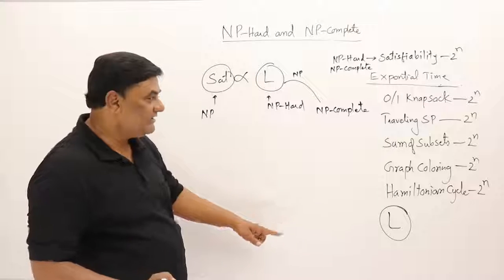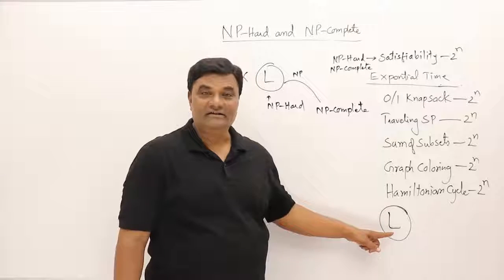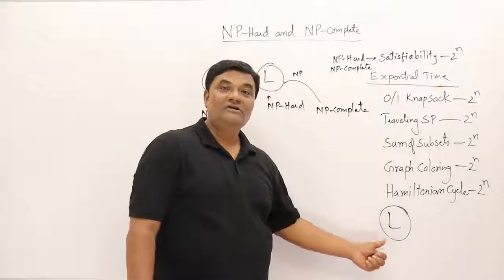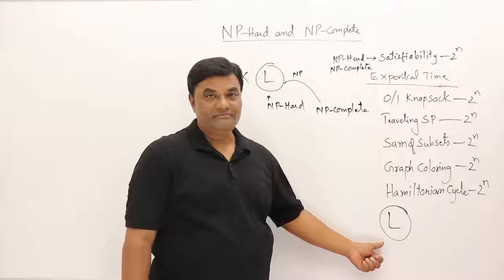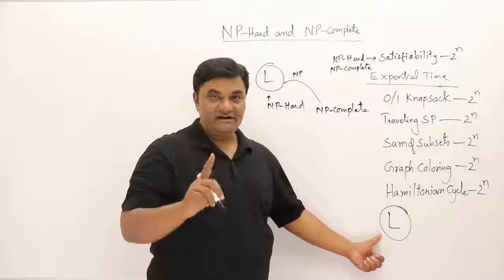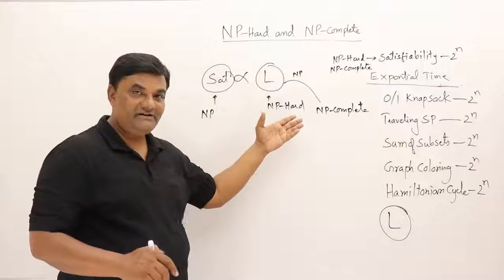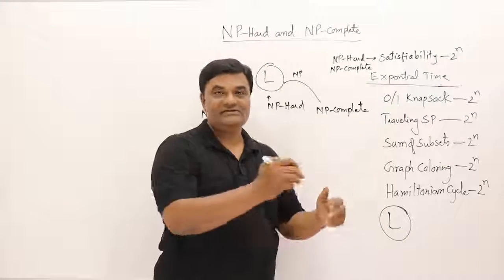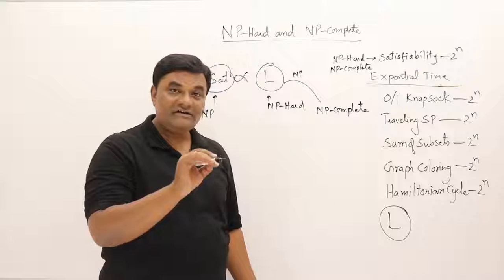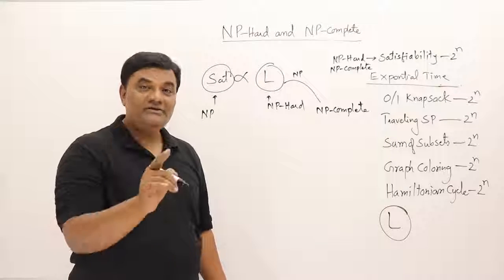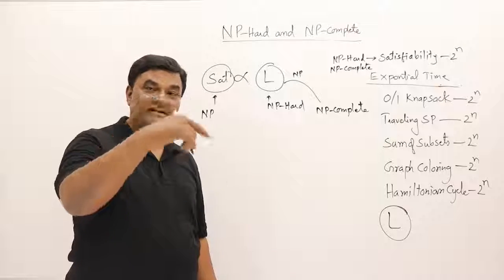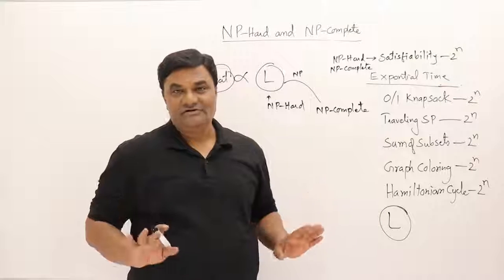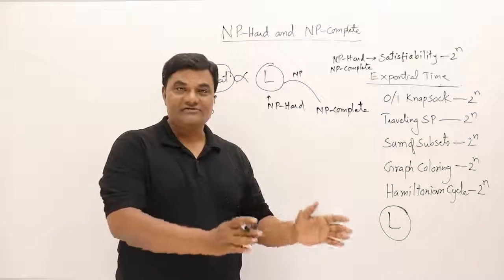One, you have to show that it is directly or indirectly related to satisfiability, and you should write a non-deterministic algorithm for your problem. If you complete the first part, that is, show that it is reduced from satisfiability, then your problem becomes part of the NP hard class. And if you have also written a non-deterministic algorithm, then your problem has reached the class called NP complete.